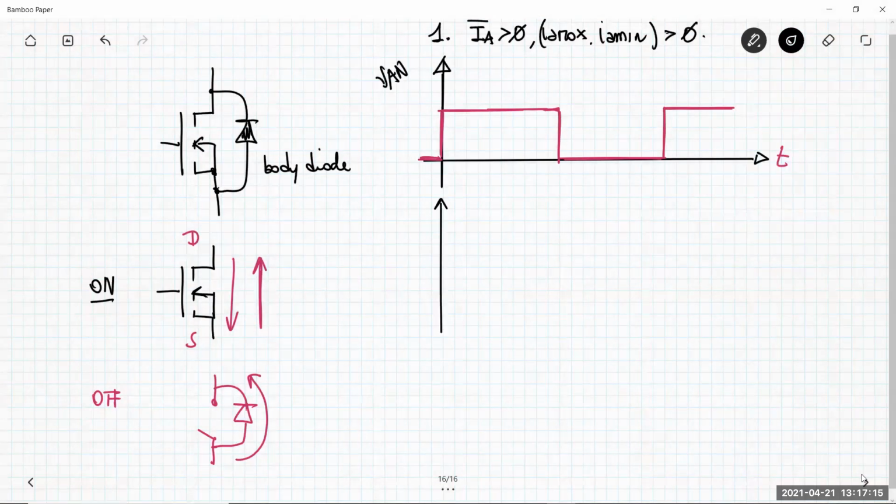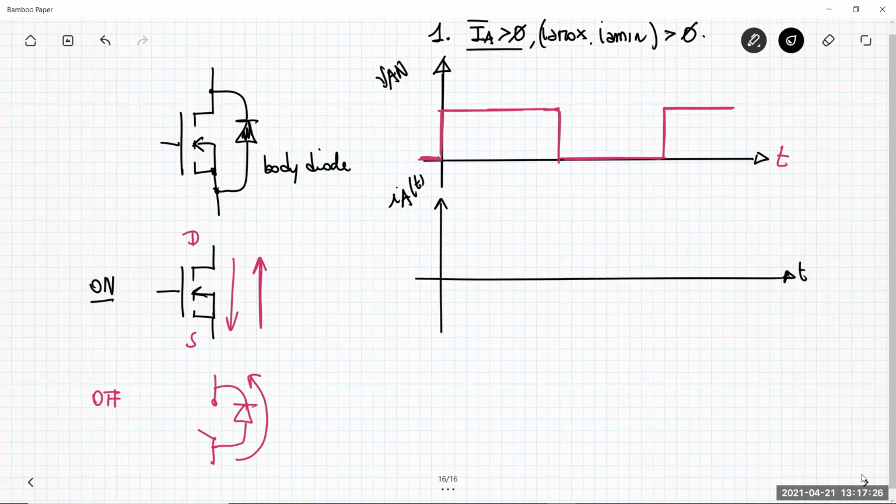And then let me draw the current IA, again both AC plus DC. So I have an average value, which is positive. So it means that, for example, it's here.